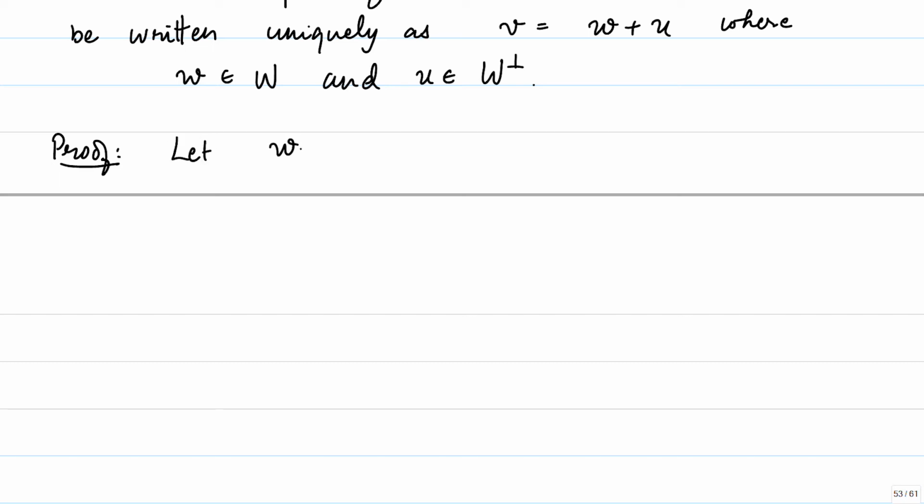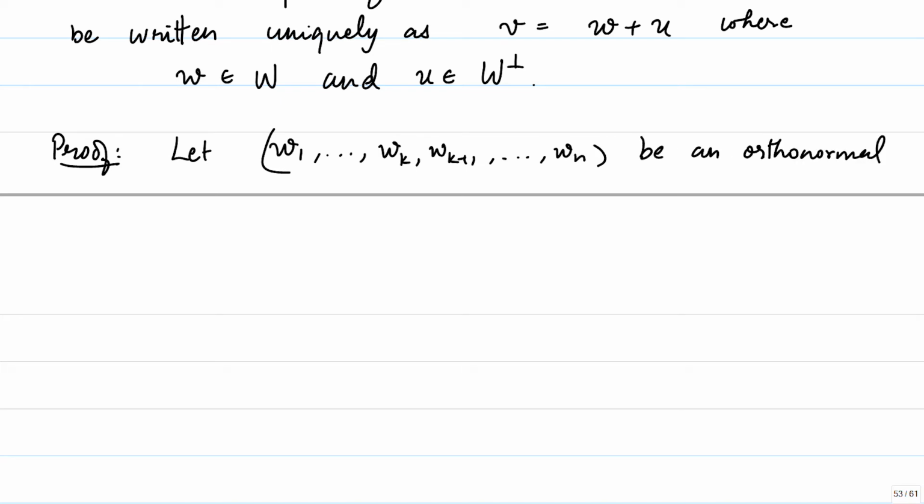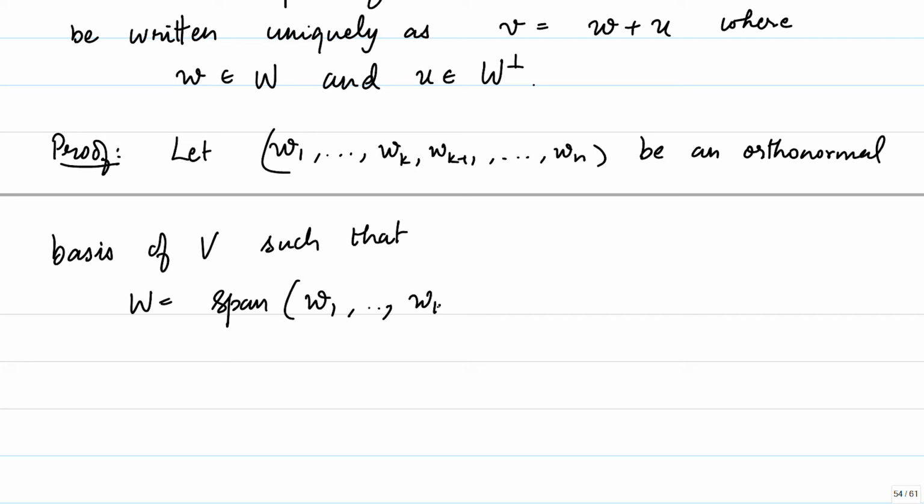Let w1 to wk, wk plus 1 to wn be an orthonormal basis of capital V such that W is the span of w1 to wk and the orthogonal complement of W is the span of wk plus 1 to wn.